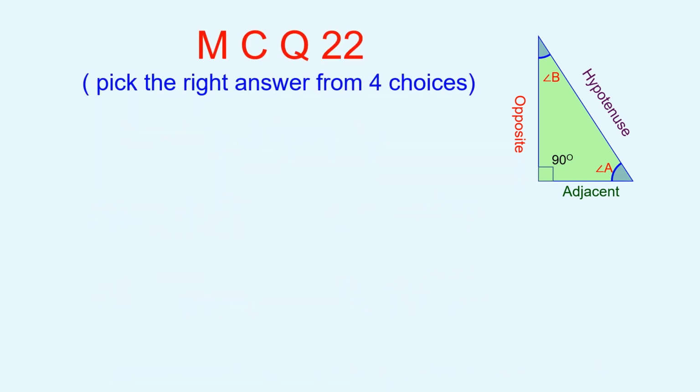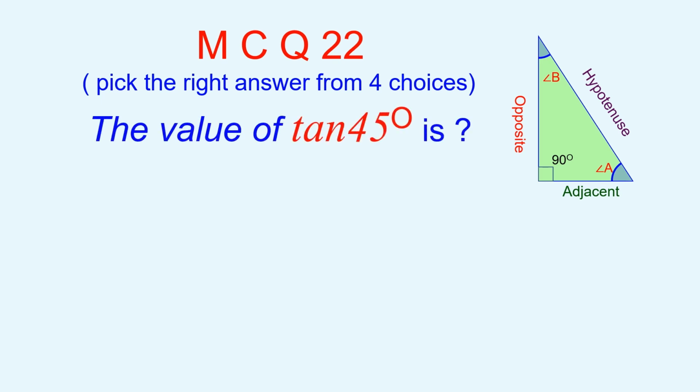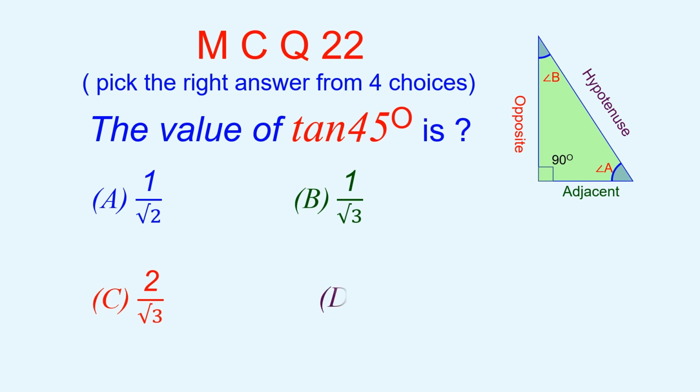Next, MCQ number 22. The value of tangent of 45 degrees is A. 1 divided by square root 2. B. 1 divided by square root 3. C. 2 divided by square root 3. D. 1.